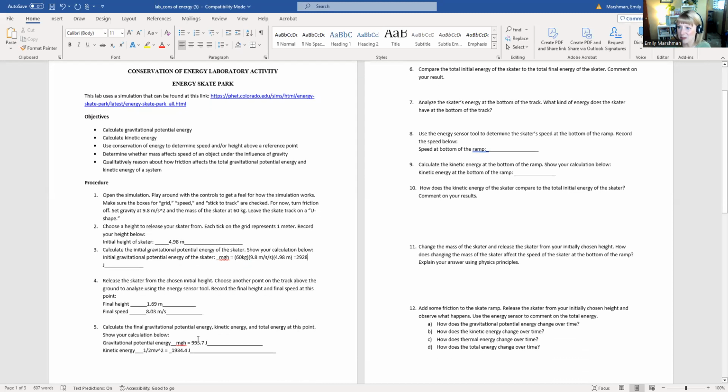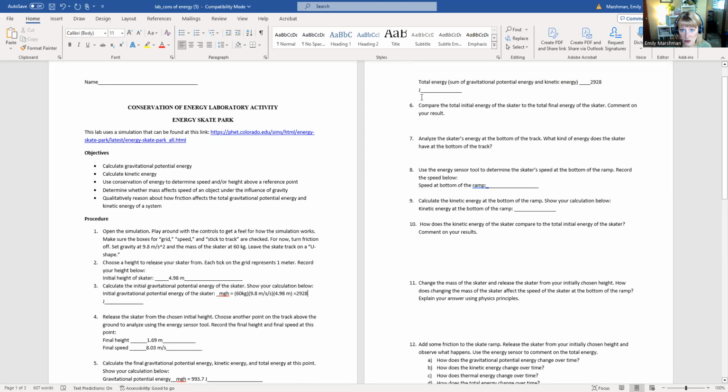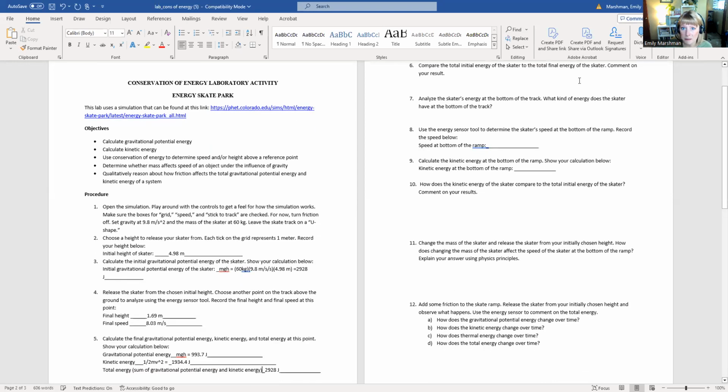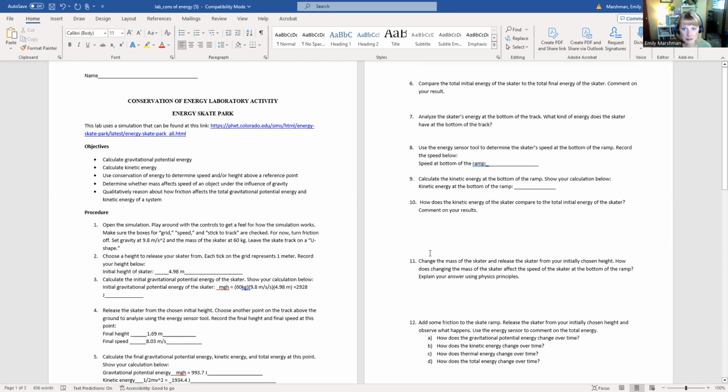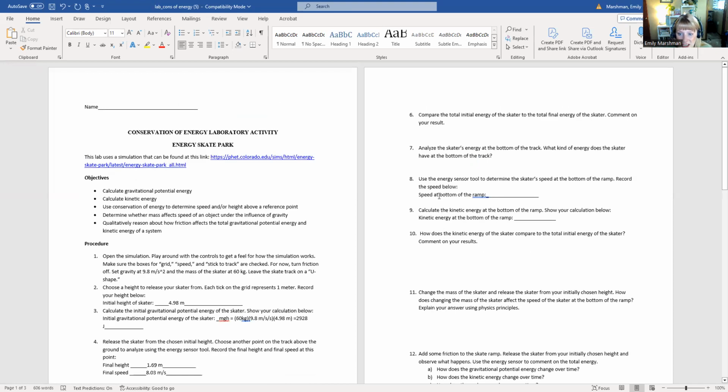Our energy at some other point along the path was also 2,928 joules. That's exactly what you should end up getting. It shouldn't change. The type of energy changes, but the total energy does not change. You can do the same process when she gets to the bottom of the ramp. Again, you should find that her energy at the bottom of the ramp is the same as whatever she started off with.